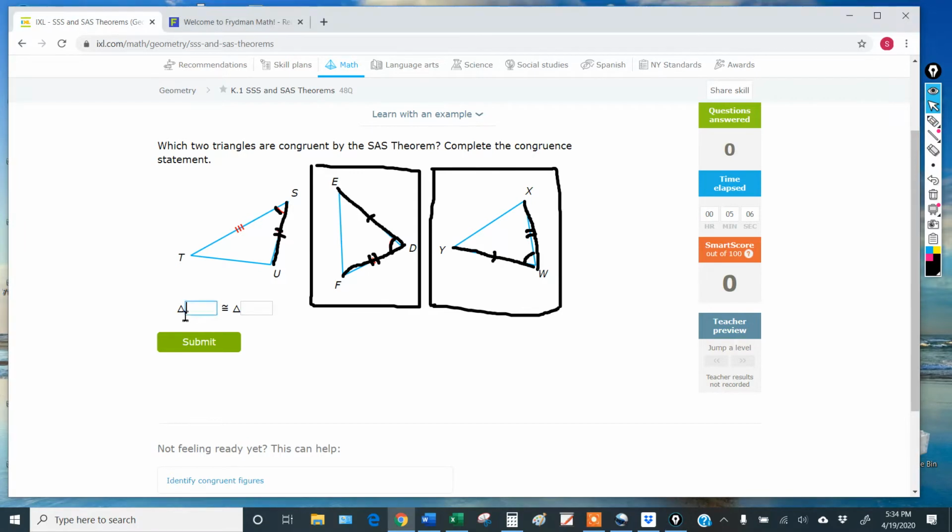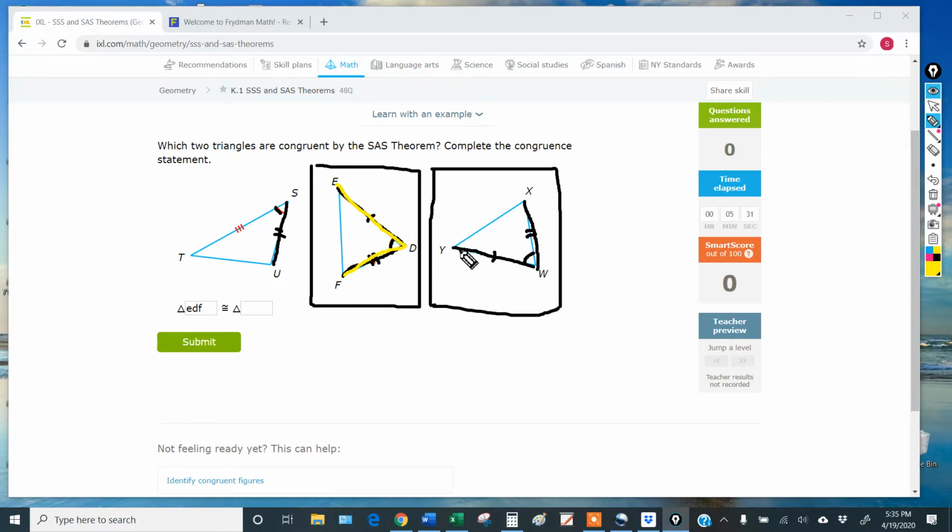So I know that this triangle is the same as this one. So we're going to call this one EDF. And you have to be very careful here. So when I said EDF, that means I went from here, I went over the 1 dash line, then I went to D, and then I went over the 2 dash line.